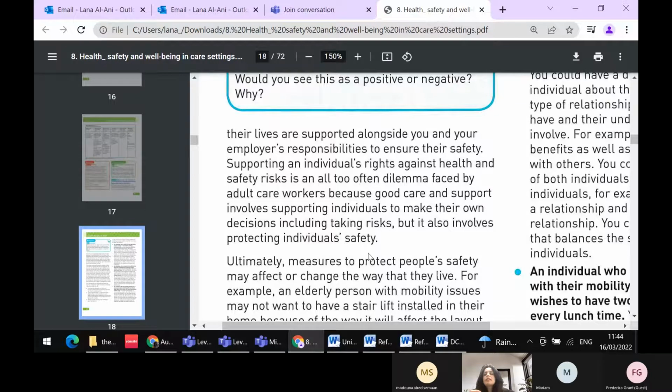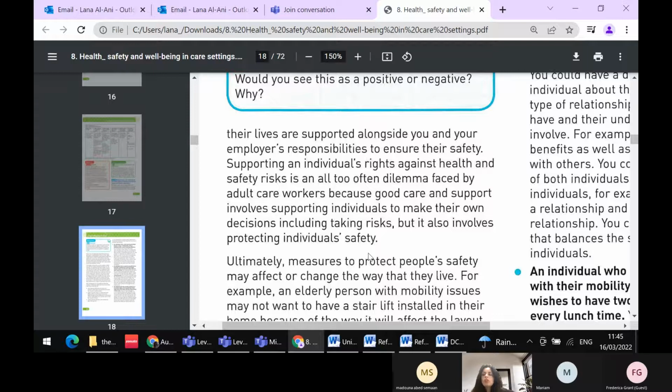However, if their right is against a health and safety risk, it's very important to do risk assessment, to manage this risk, to check how much risk is involved in doing these activities, and whether there is any potential benefit to this person. If not, then maybe not doing it is better. Then you tell this person, your client, all the information needed about this risk.